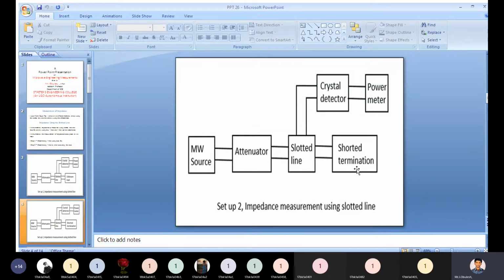Then you need to find out the V minimum value and V maximum values. Remember, in step 1, determine V minimum using the load impedance value ZL. Coming to step 2, impedance measurement using slotted line only by short circuiting the load, or shorted termination.